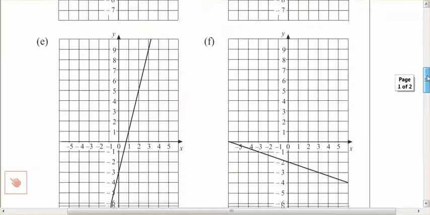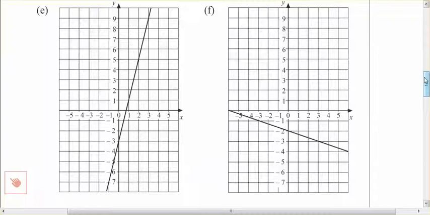If we go to the next one, for E, so we've got y equals, Sophie? 4x minus 3. I'm going to pick a point here, go across, up, rise over run is 4. So I've got 4x, and then minus 3, since y goes down to minus 3. Millie, what do you reckon it is for F? Minus 3.